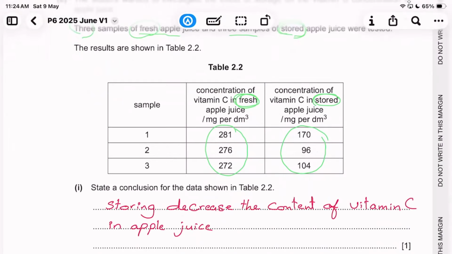The student decided that the result of one sample was anomalous. So what is meant by an anomalous result? An anomalous result is a result that does not fit the pattern. So we have to look at which of these data does not fit the pattern.